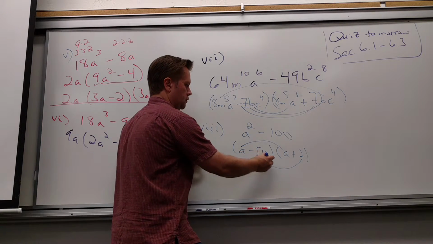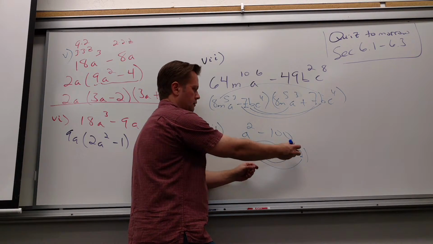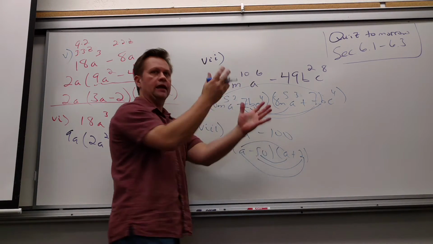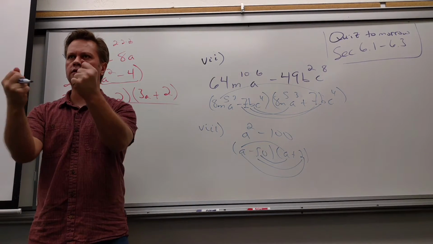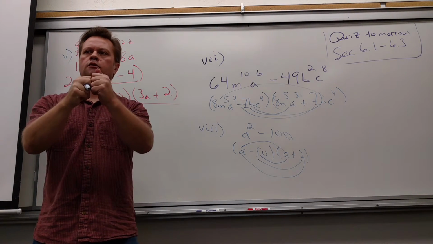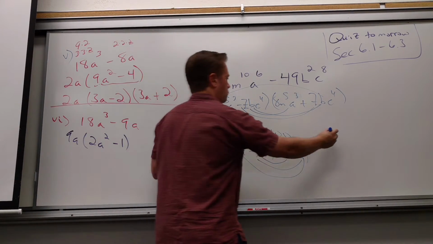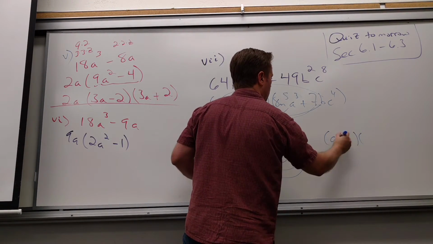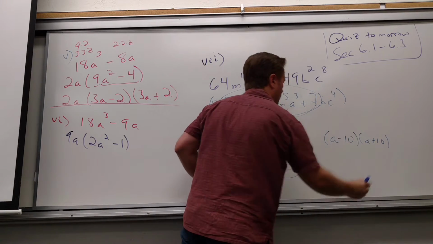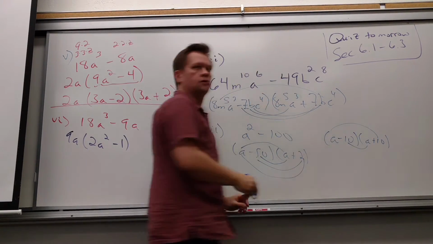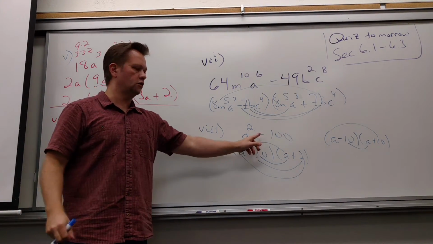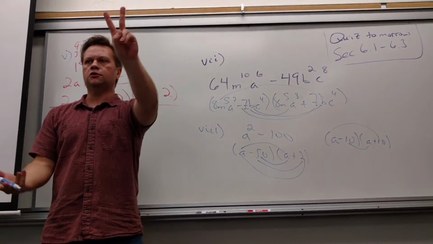But you get extra minus 50a plus 2a. Does that cancel? No. Good. See? So what would work is a minus 10, because then the middle term cancels like you want it to. There won't be any middle term. That's why there's only 2 terms.